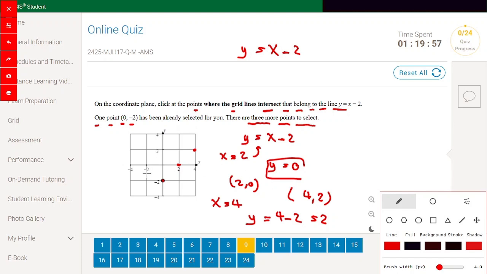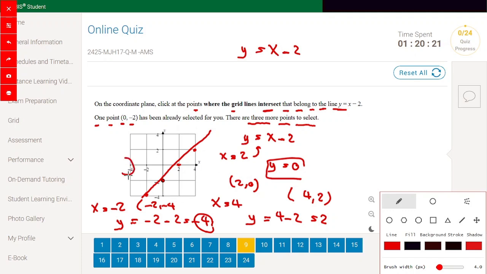Now let's take x equal to minus 2. So y will be equal to minus 2 minus 2, equal to minus 4. So we have another point, which is minus 2 and minus 4. This is the line which you are going to draw.